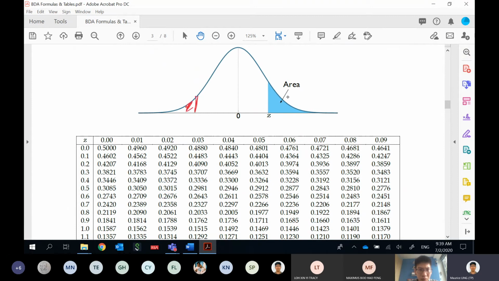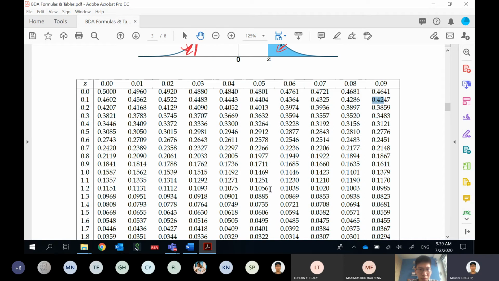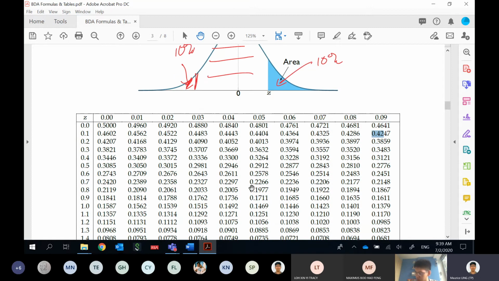That means this area, if it's 90, those in the center should be 90%, which means that here will be 10%, here will be 10%. So then you look for the 0.1, where is 0.1?